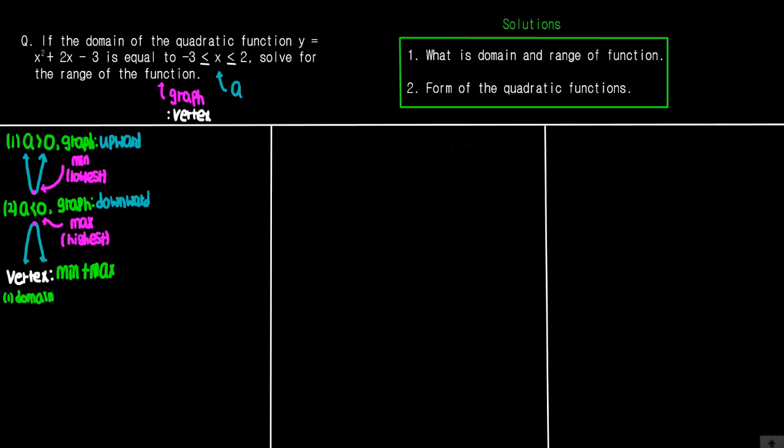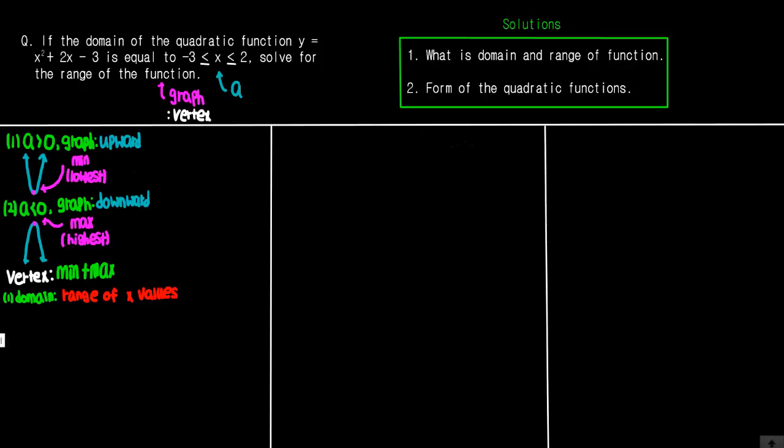As we did in the last video, the domain of a quadratic function is the range or the limitation of x values, which is the same thing as the limitation of our x values in our quadratic function's graph.